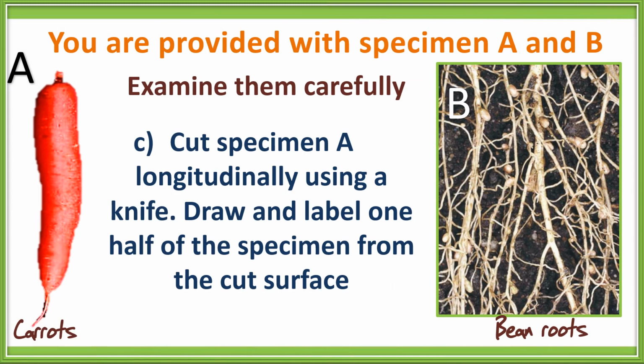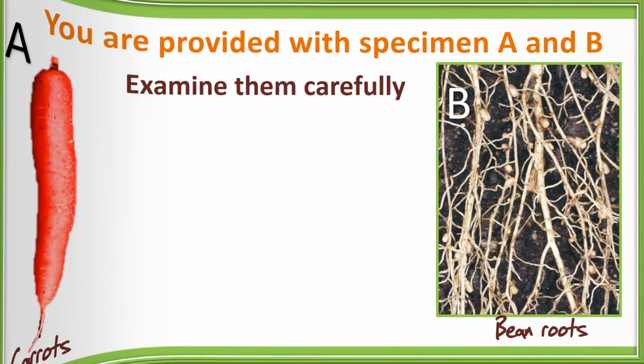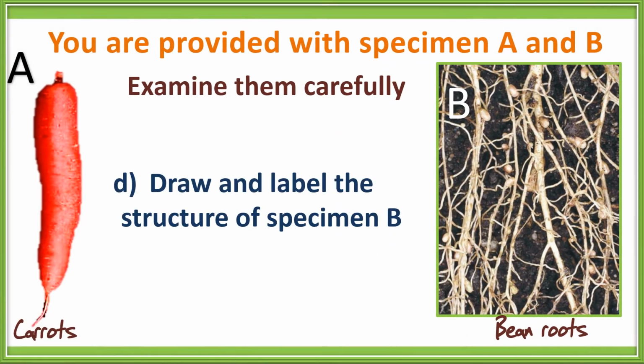Cut specimen A longitudinally using a knife. Draw and label one half of the specimen from the cut surface. Examine specimen B carefully, draw the structure and label it.